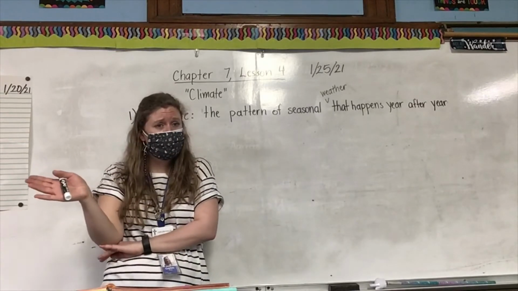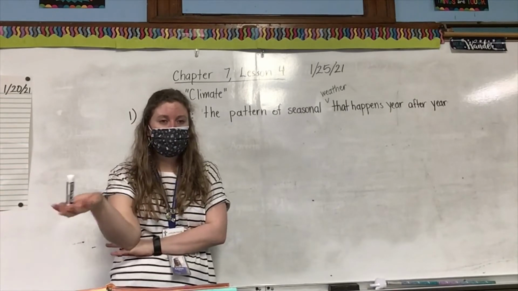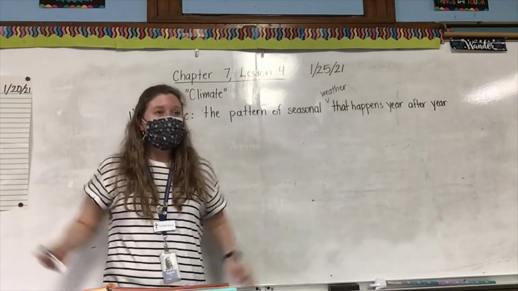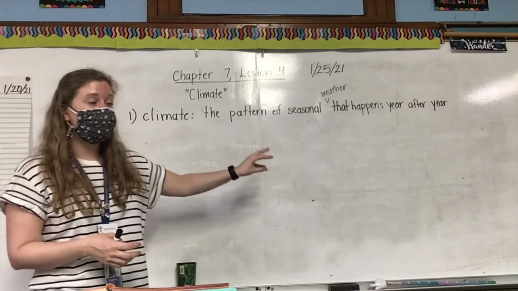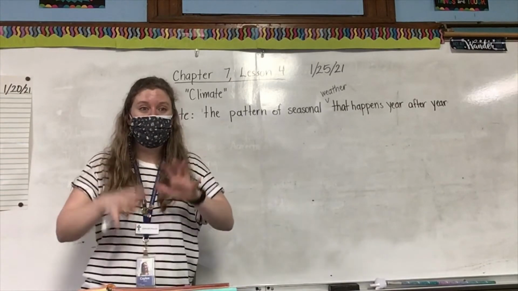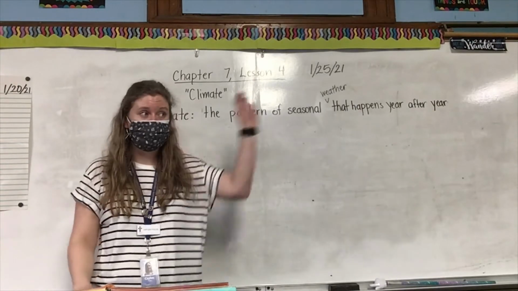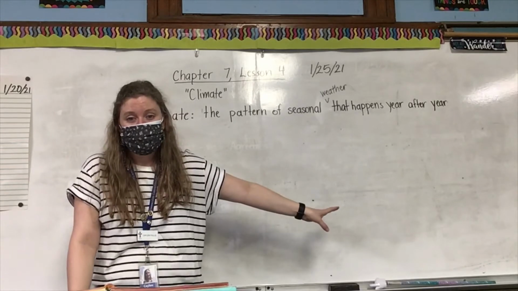Otherwise, old people wouldn't go to Florida all winter long. Why would they go from one cold place to another? They wouldn't. So even though climate tells us the seasonal weather that happens year after year, it is different depending on where you are. Otherwise, that would mean the whole earth would have the same weather all the time. Okay.